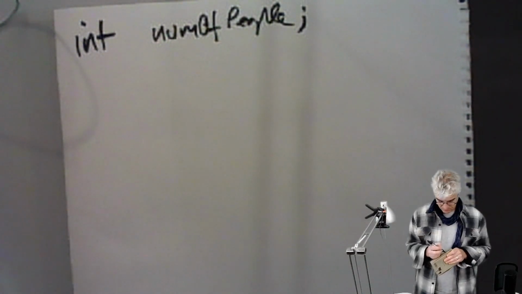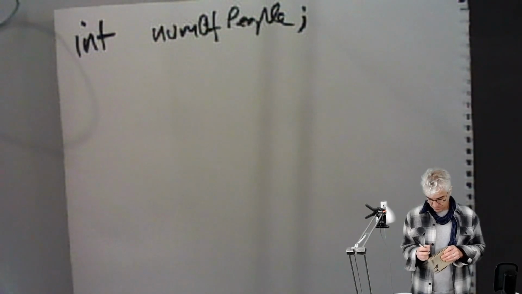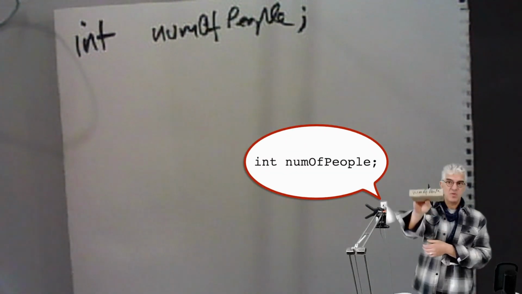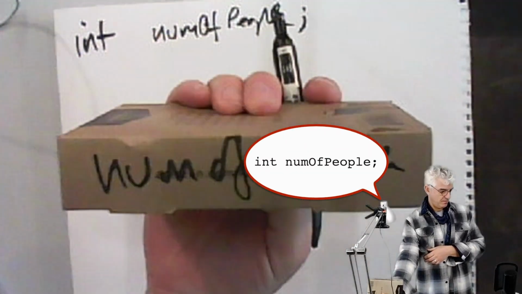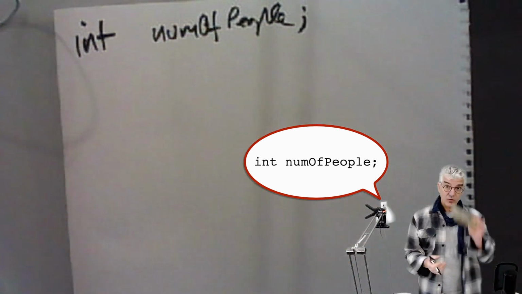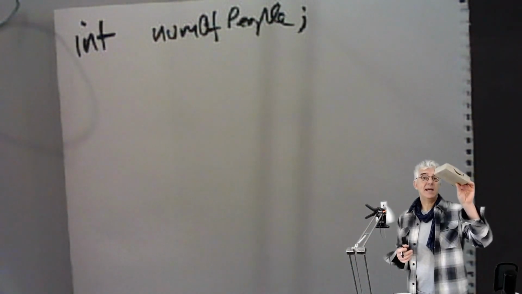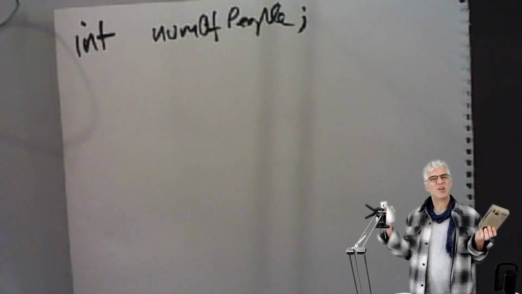I can write number of people on the side of the box. So now I know in there I put the number of people, which means I don't have to remember that.